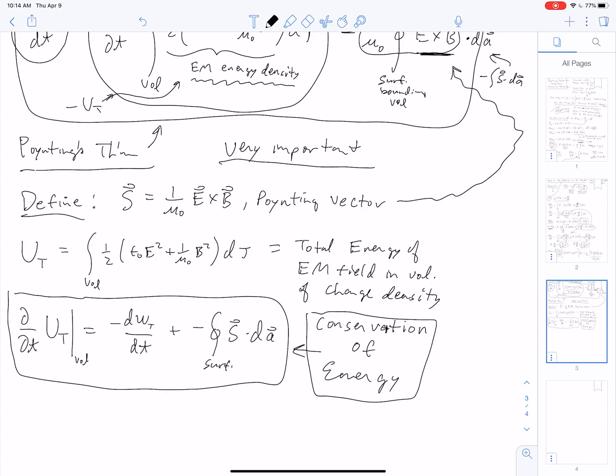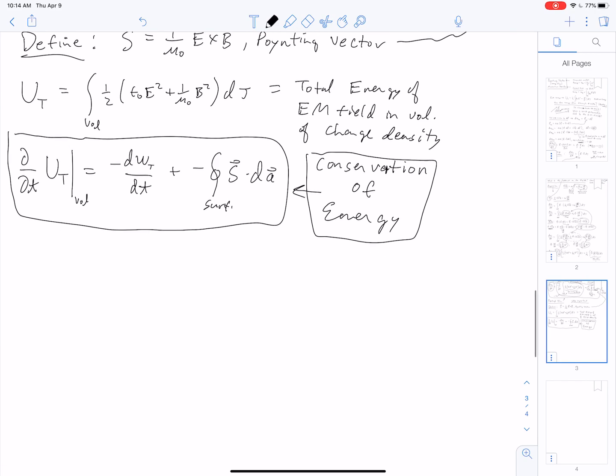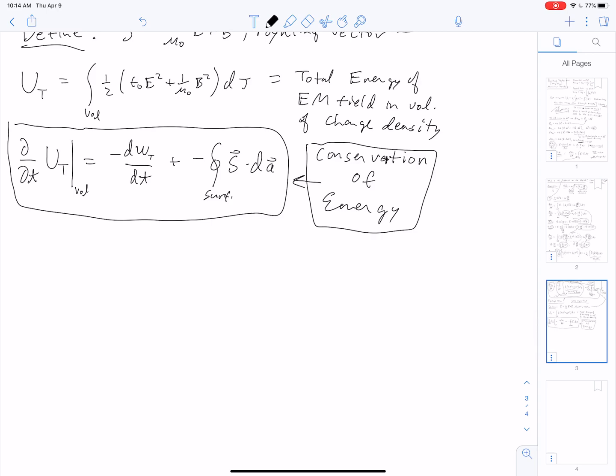It turns out to be a very intuitive expression, because what we have is the time rate of change of this, which is the change in the electromagnetic field energy in that volume.